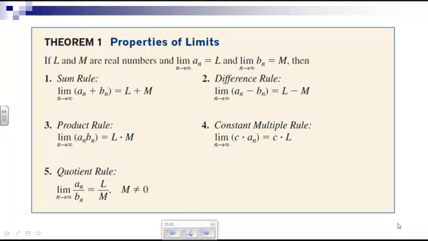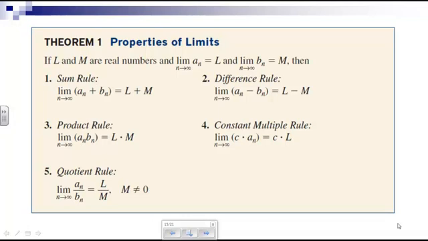So if a sub n goes to L and b sub n goes to m, then we can add and subtract those limits. We can multiply those limits. We can factor out a common multiplier, just like we did with integrals and derivatives. And lastly, we can divide two limits.